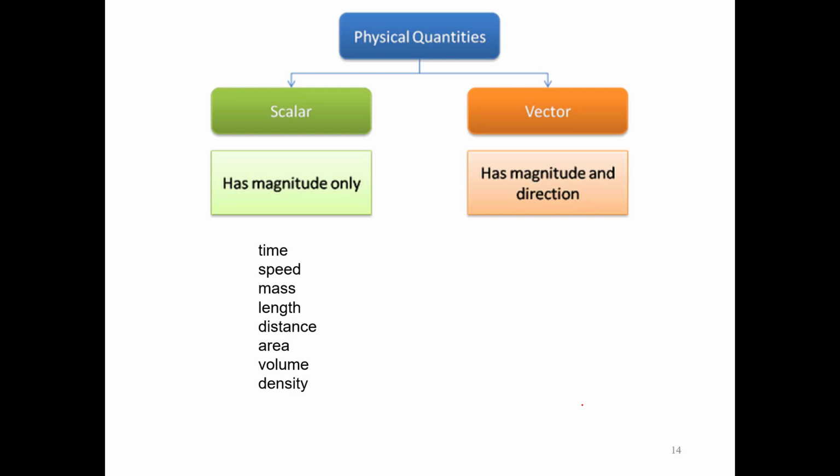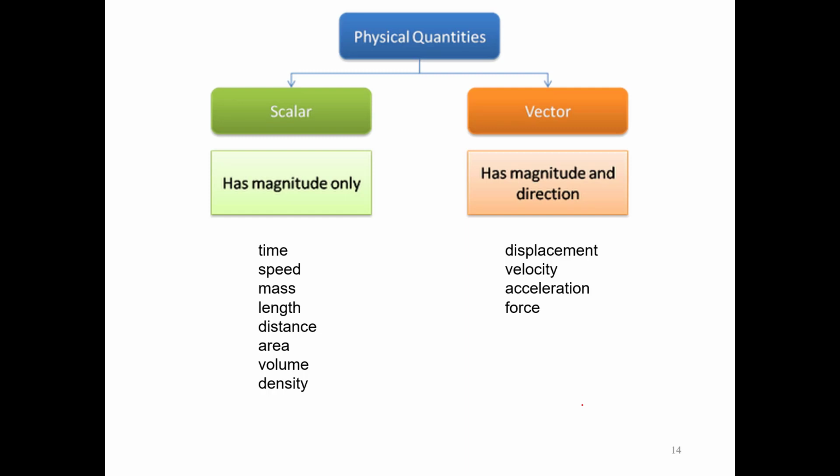Here we have a few examples where we don't need to give a direction to describe the quantity. One of these is time. We know speed, mass. Yes, we say 5 kilograms, we don't need any direction. Length, distance, area, volume, density.